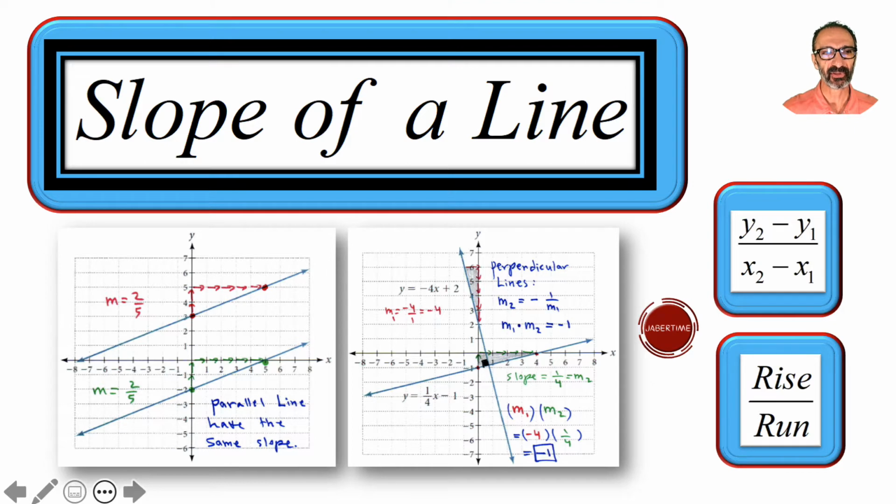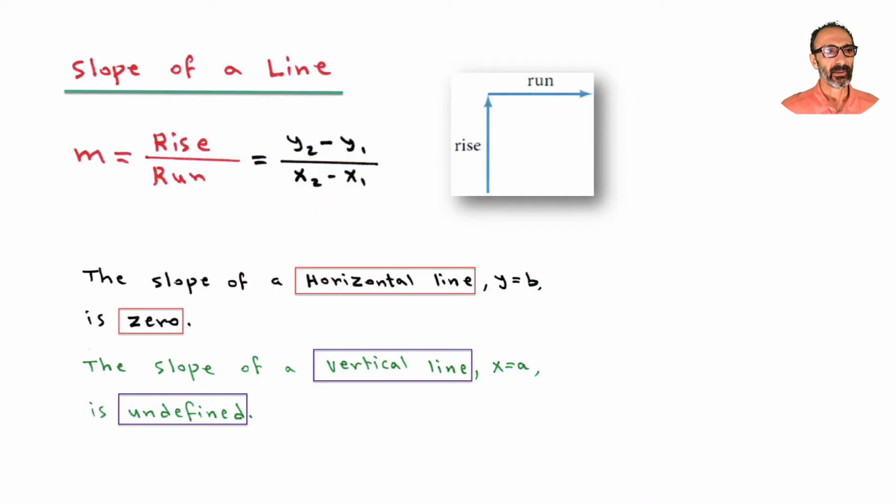Today I'm going to talk about the slope of a line, parallel lines, perpendicular lines, difference in y over difference in x, or rise over run. The slope of a line is defined to be the ratio of the rise over the run, which is the difference in y, y2 minus y1 over x2 minus x1.